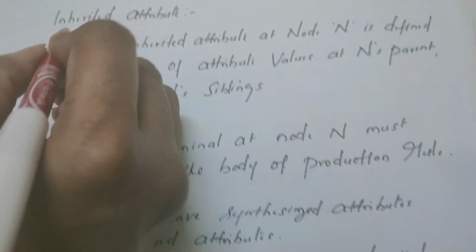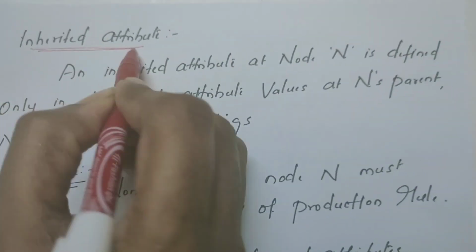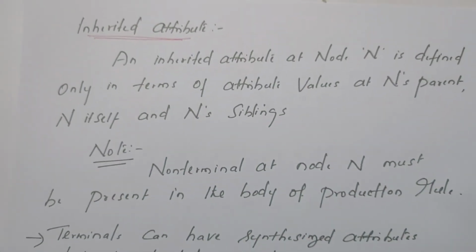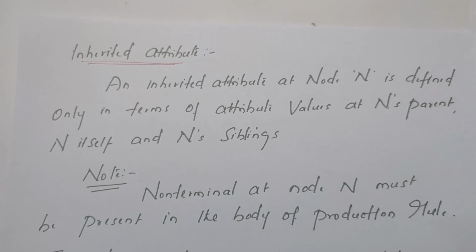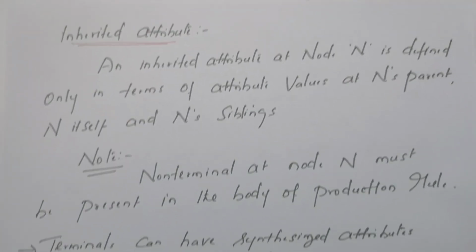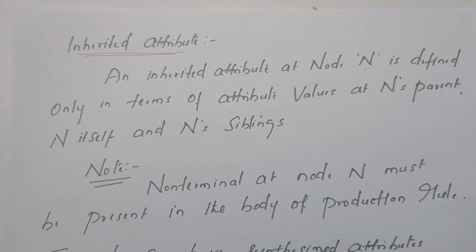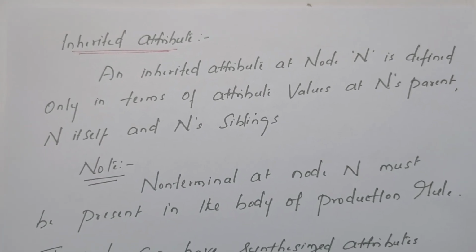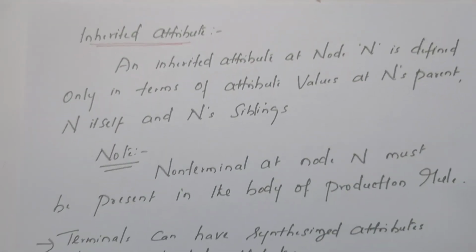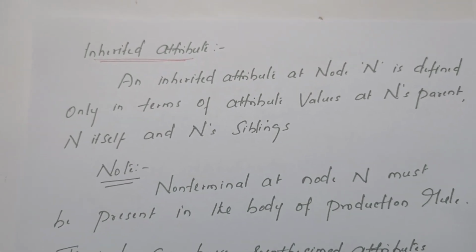Now let us try to know what is inherited attribute. If an attribute is defined for a variable, I mean a non-terminal, but that non-terminal is present in the body of the production rule, in that case we can call that attribute an inherited attribute. How do we calculate the inherited attribute?